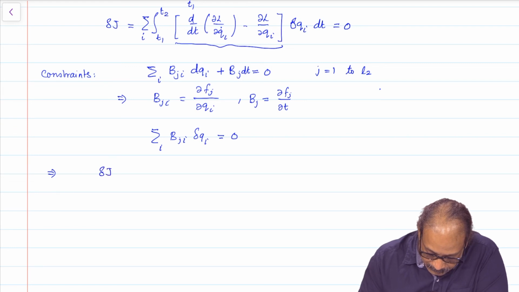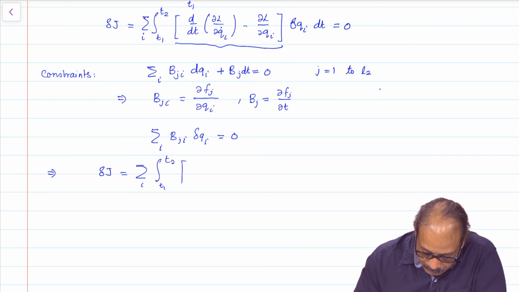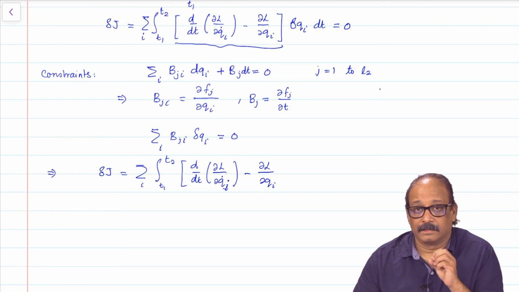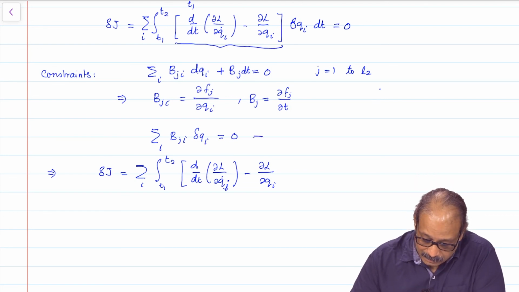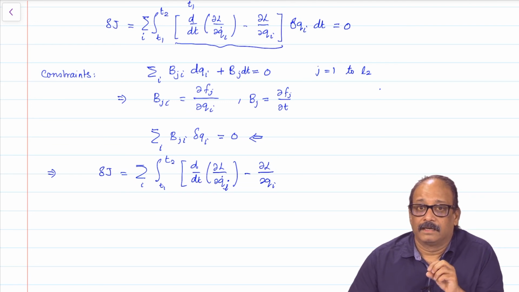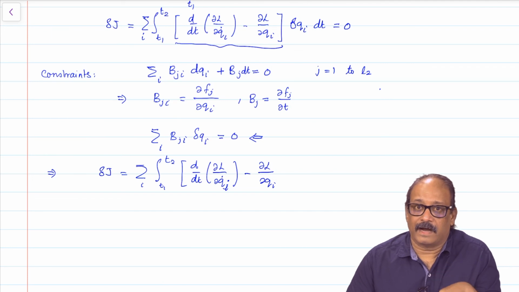delta J is equal to the sum over i, integral from t1 to t2, and this bracket as it is, d/dt of partial L with respect to q i dot, minus partial derivative of L with respect to qi, and multiply each of these equations by a lambda j and add it to this problem.